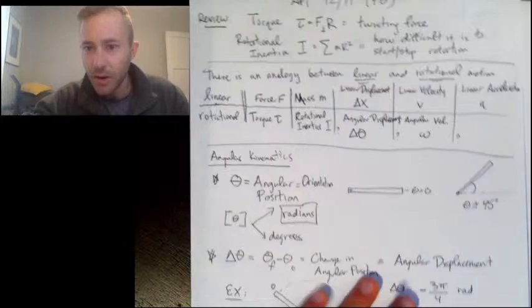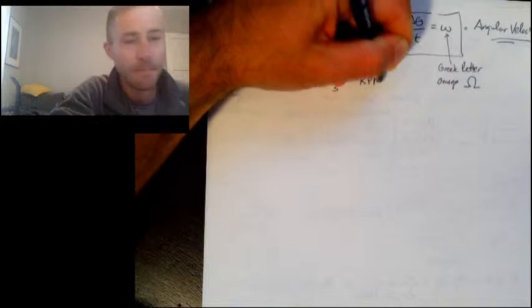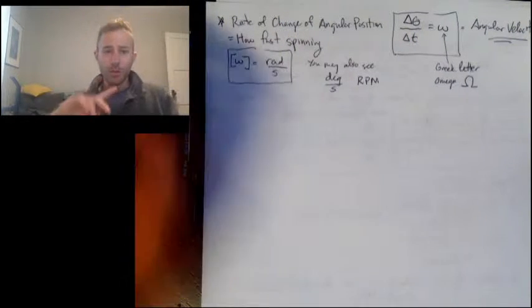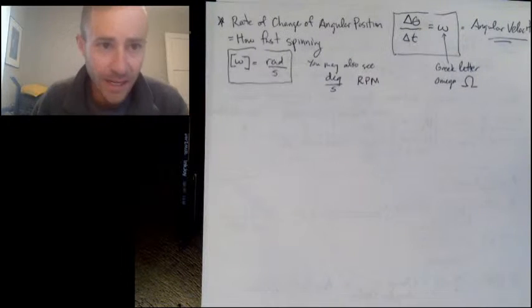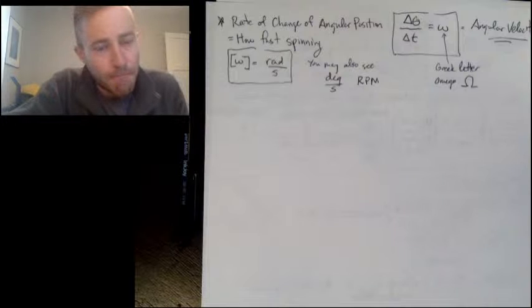Excellent. Yeah, RPM. RPM is a unit of angular velocity, revolutions per minute. So when you look at the RPM dial on your car, that's telling you the angular velocity of the drive shaft of your engine.